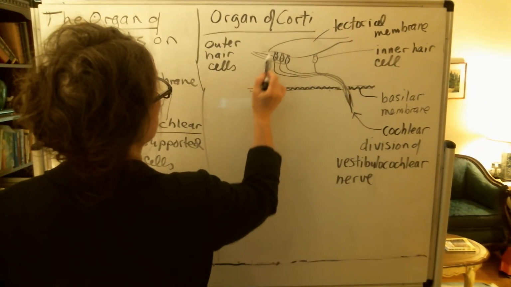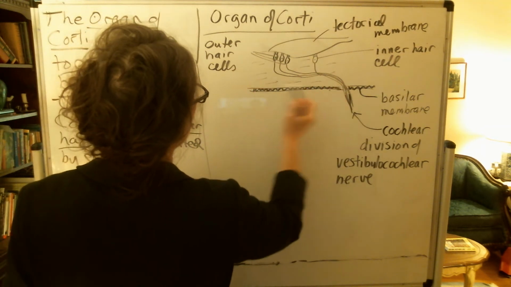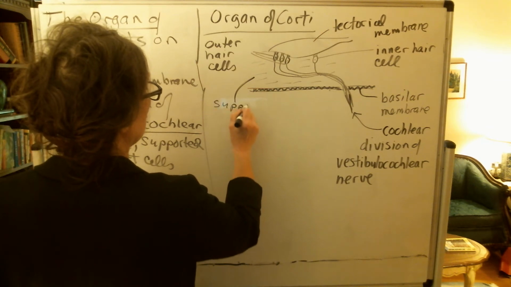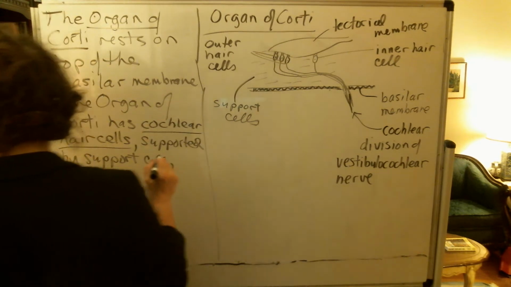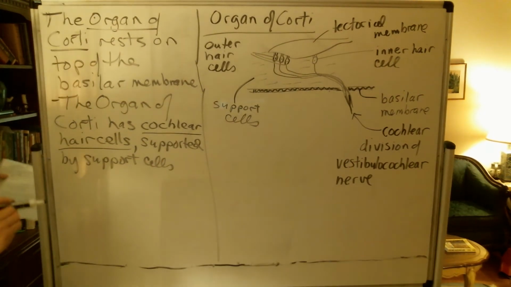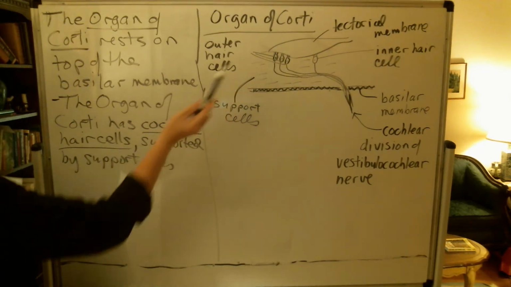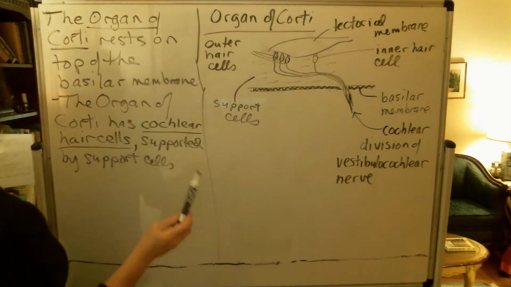The support cells are basically all in here, just so you know. So those then will be your support cells. So we have the organ of Corti, and we have these cochlear hair cells lying on top of the basilar membrane.